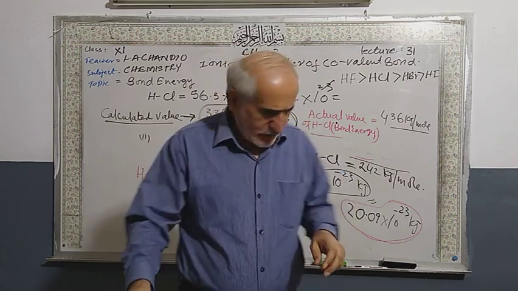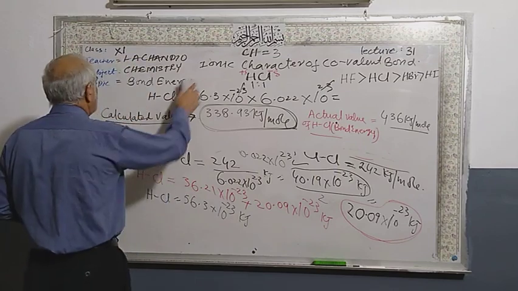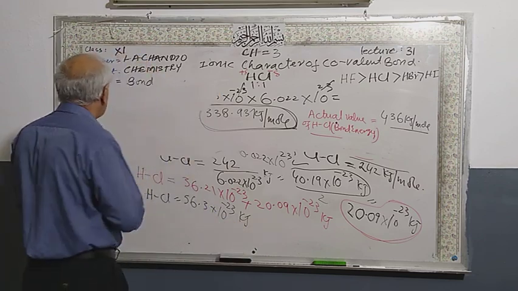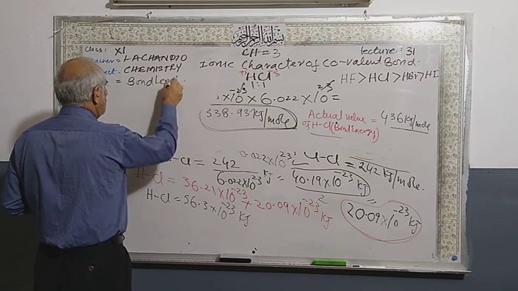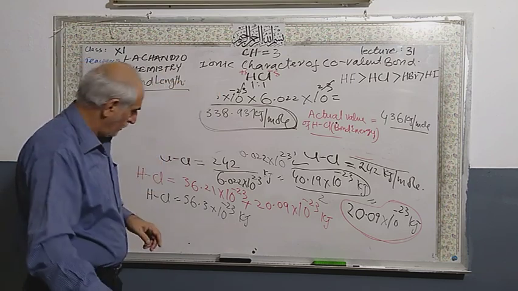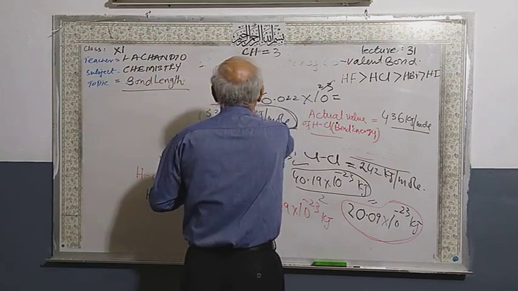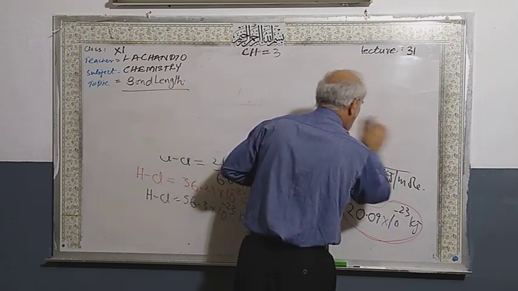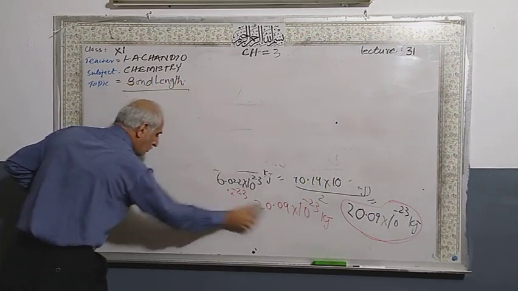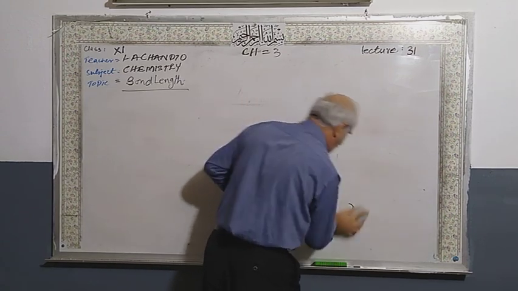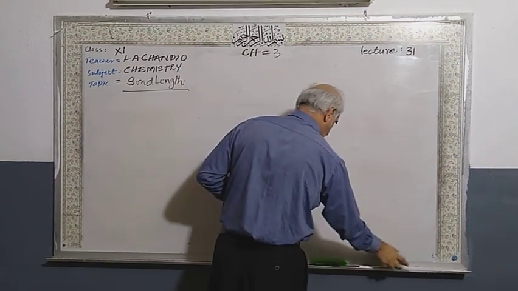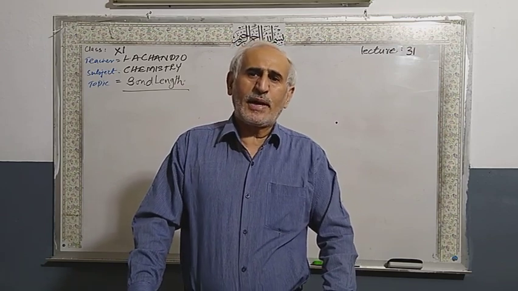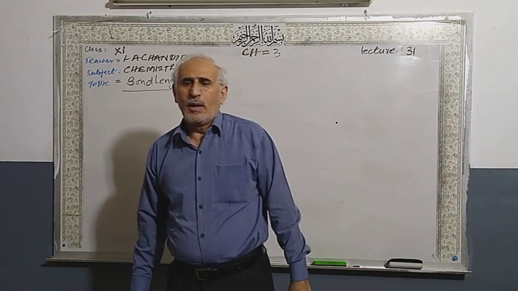So now the other topic is bond length. So, dear students, bond length is another indicator for the polarity of molecules, as you did in the very introduction.